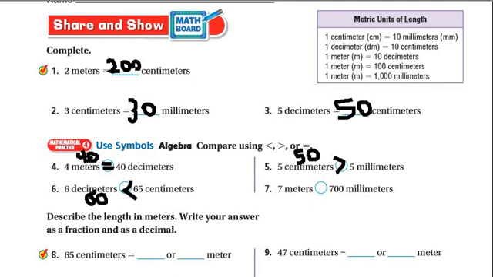Okay, what about number 7? 7 meters and 700 millimeters. 1 meter equals to, wow, 1000 millimeters. Okay, so 7 times 1000 will be 7000 millimeters. So, of course, this one will be greater. Why? Because this is 7000.